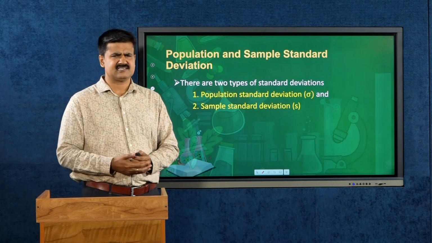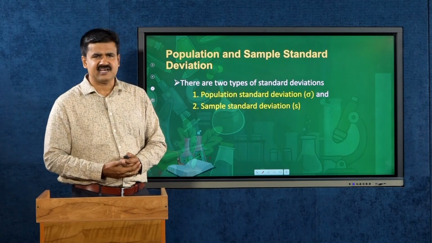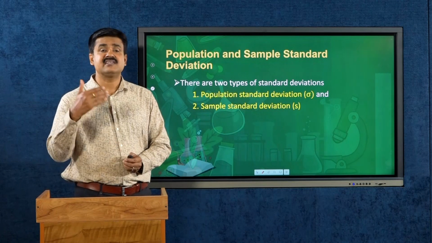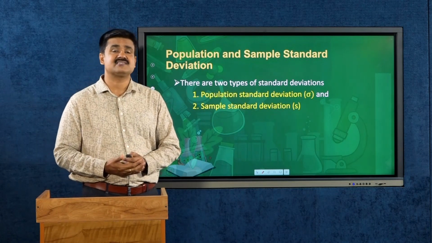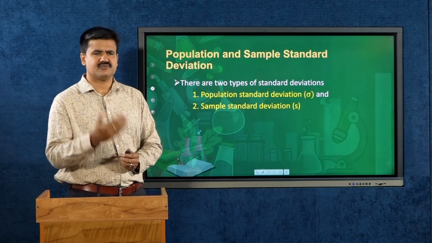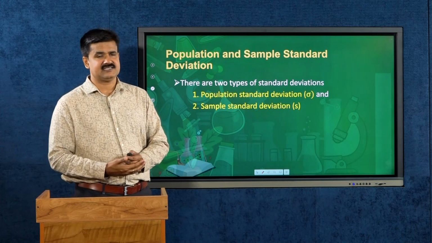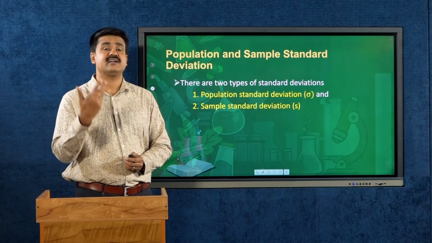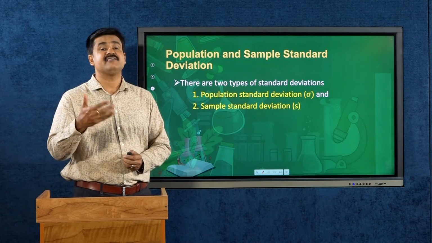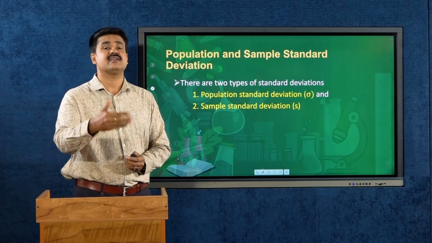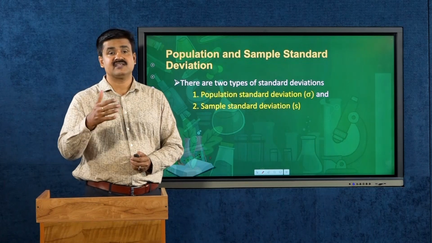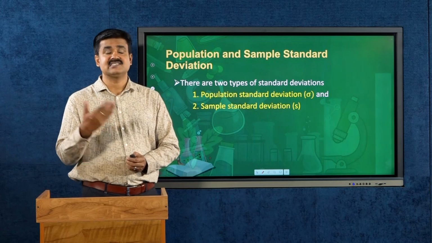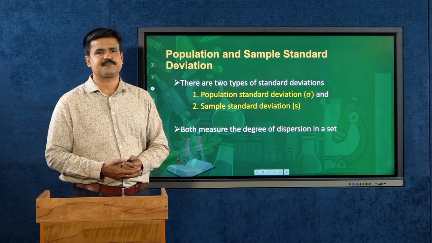In many cases in quantitative chemical analysis, we give emphasis to the second category, the sample standard deviation. First of all, we have to differentiate how these two kinds of standard deviation differ. They differ even in their expressions. We can enter into the details of the expressions for these two kinds of standard deviations, namely sigma and S.